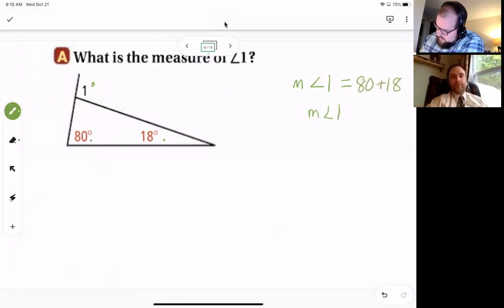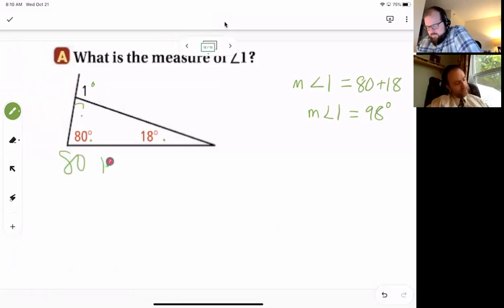So that tells me that the measure of angle 1 is 98 degrees. I know. So what I could do is I could say, well, I know that 80 plus 18 plus whatever that missing angle is has to be 180. So that's 98, as you said.